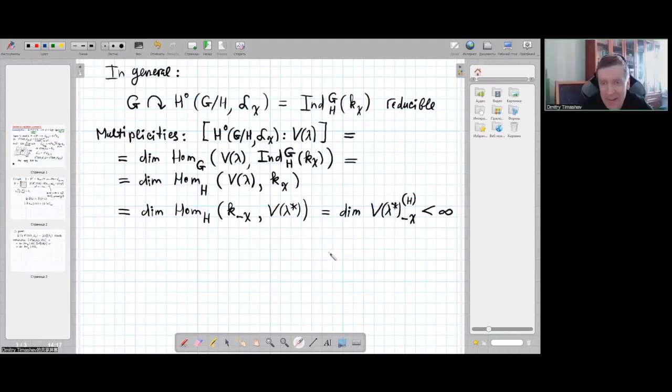Just now, I have said that we have proved by this computation that the space of sections of any homogeneous line bundle on any homogeneous variety is maybe a reducible G module, but the multiplicities of irreducible summands are all finite.